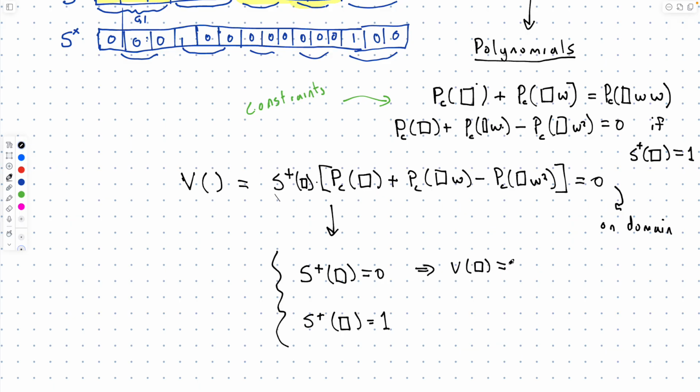Because V is the multiplication of this and this. If S plus is 1, is V automatically 0? Not necessarily. It's only going to be 0 when this occurs. So it will be another subcase.